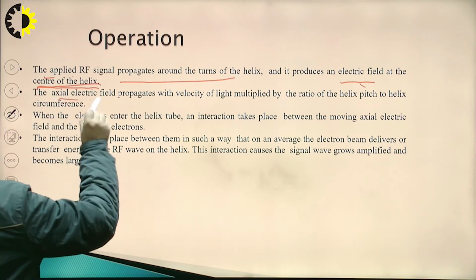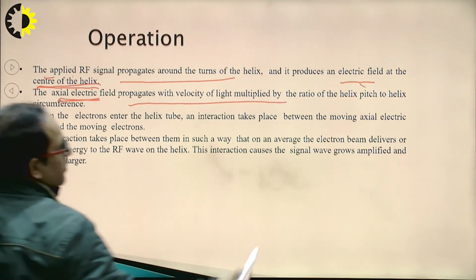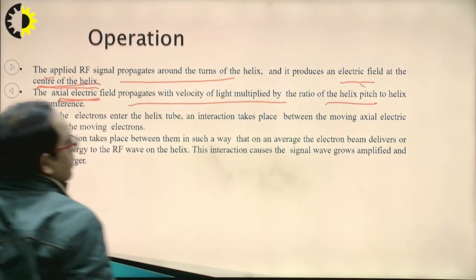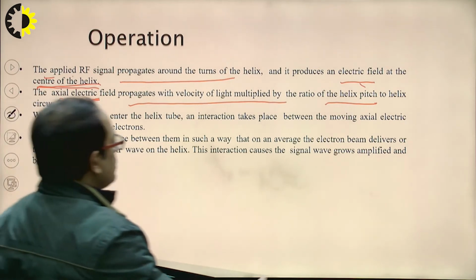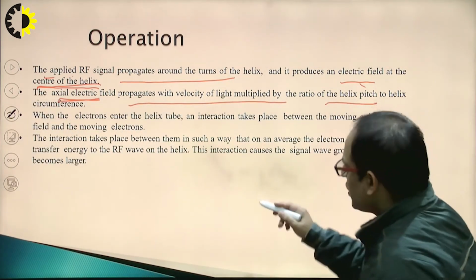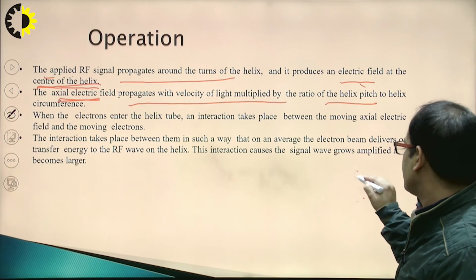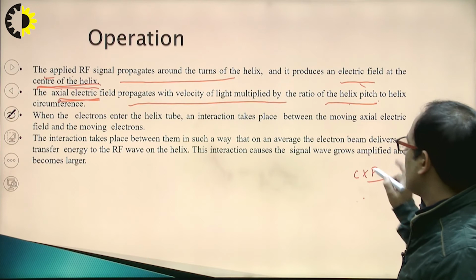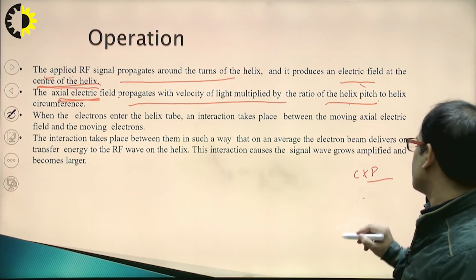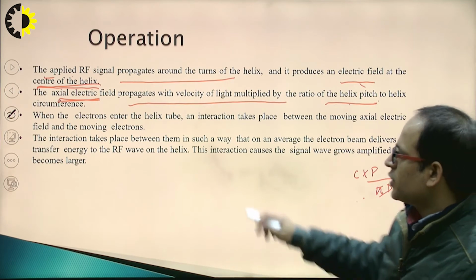This axial electric field propagates with the velocity of light multiplied by the ratio of the helix pitch to the helix circumference. So the velocity of the electric field will be the velocity of light multiplied by the ratio of the helix pitch to the helix circumference, and the helix circumference is pi into d.